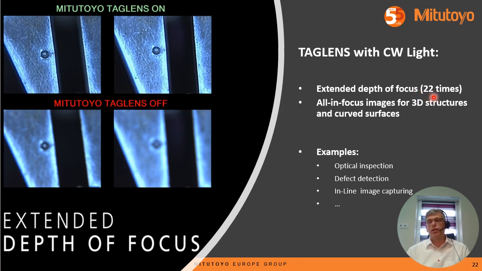Depending on the objective lens that is combined with the TAG lens, the depth of focus range will be extended by a factor of 22, 23 maximum. So this results in all in focus images, even for 3D structures and curved surfaces. Typical examples are optical inspection, defect detection, inline image capturing, and so on.